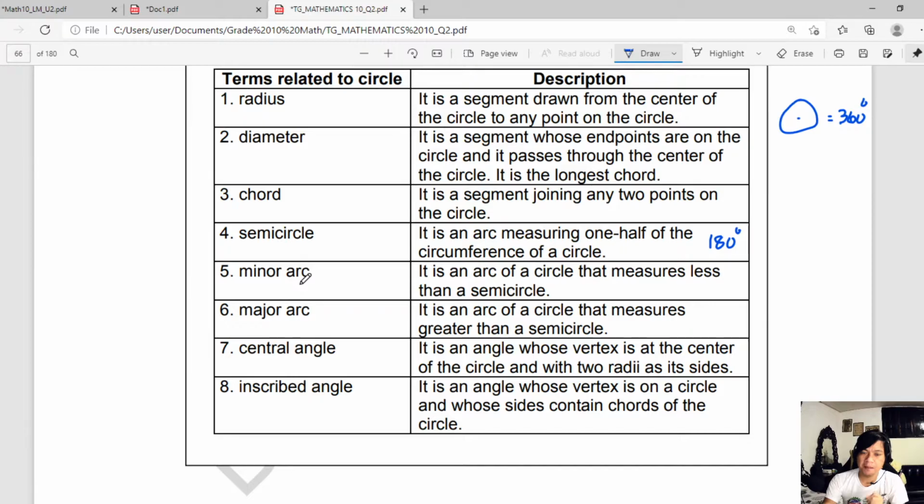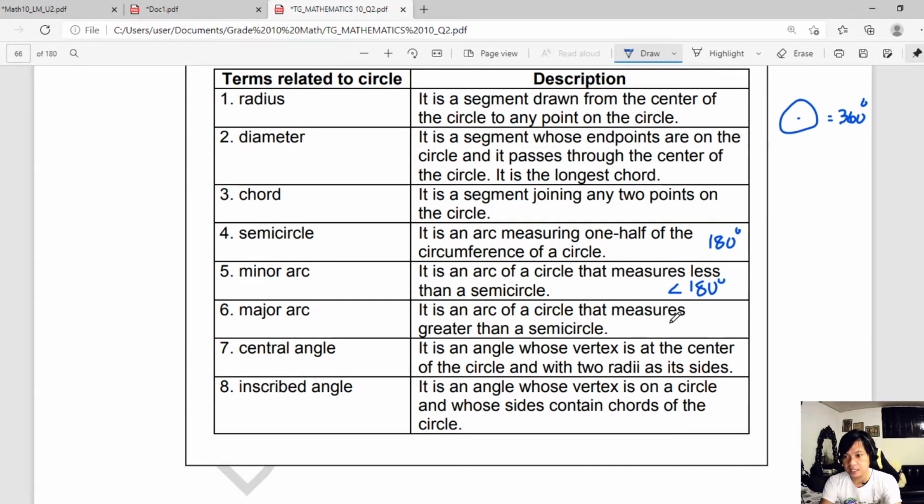Next one is minor arc. It is an arc of a circle that measures less than a semicircle. Ibig sabihin, ang measure ng minor arc is less than 180 degrees. On the other hand, major arc, it is an arc of a circle that measures greater than a semicircle.